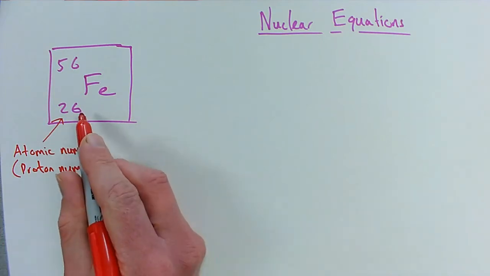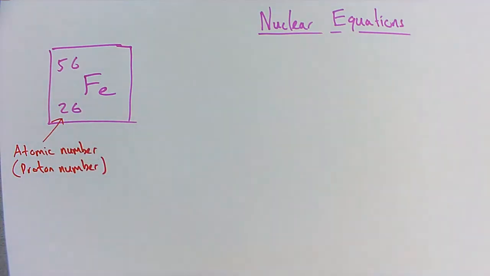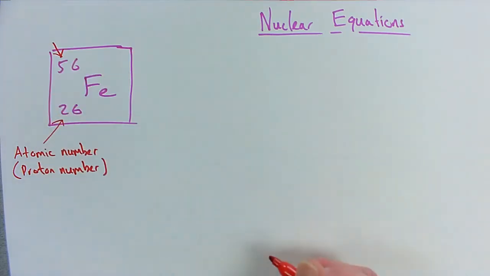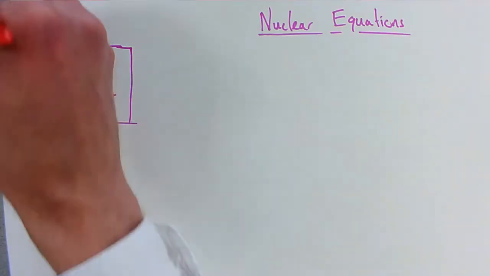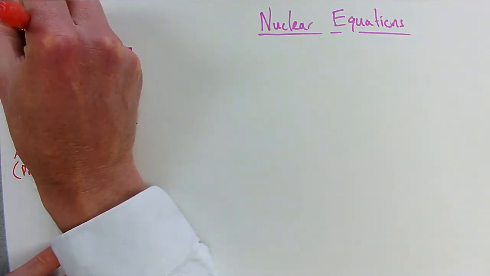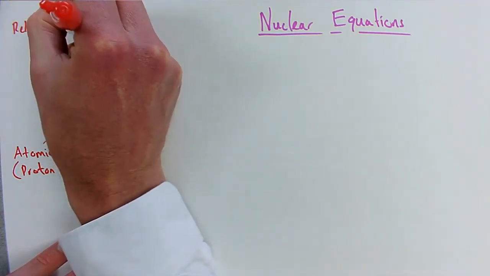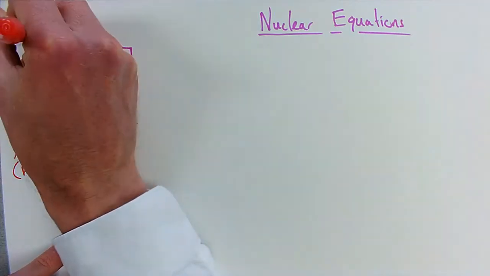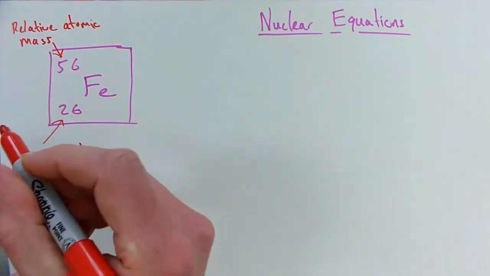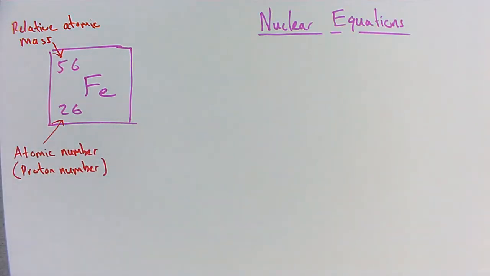So in iron we know there are 26 protons. This top number here tells us the relative atomic mass. That's the number of protons plus the number of neutrons.